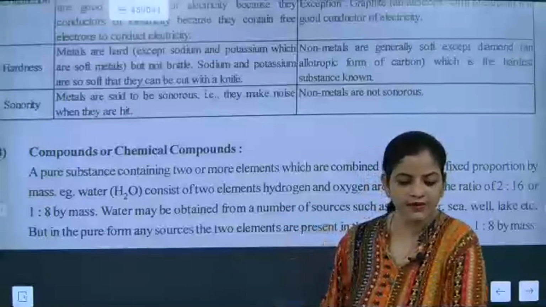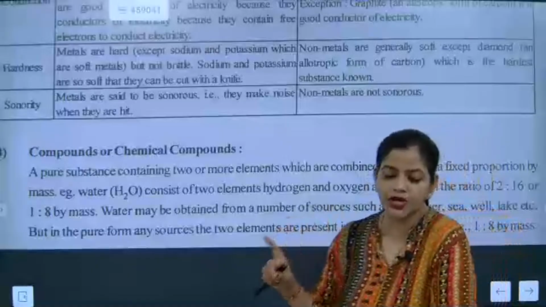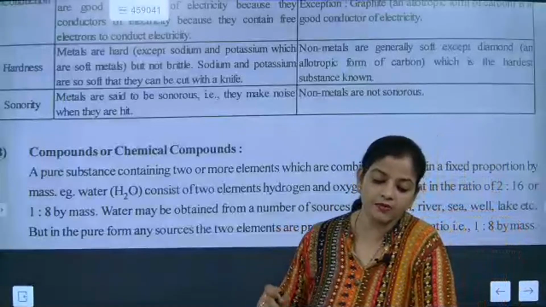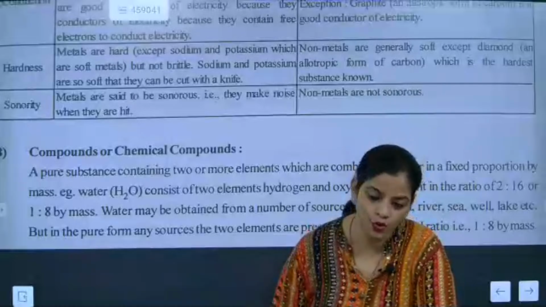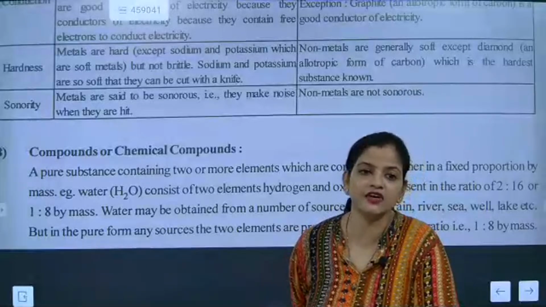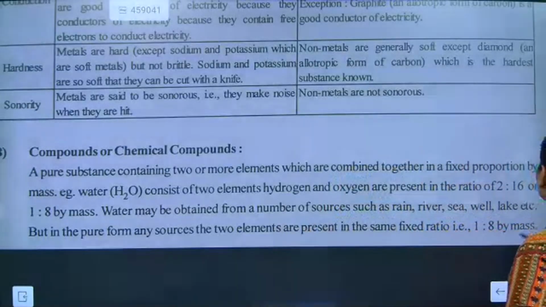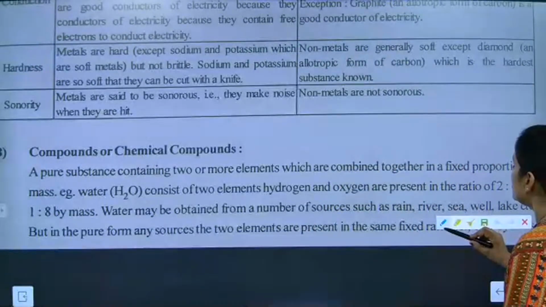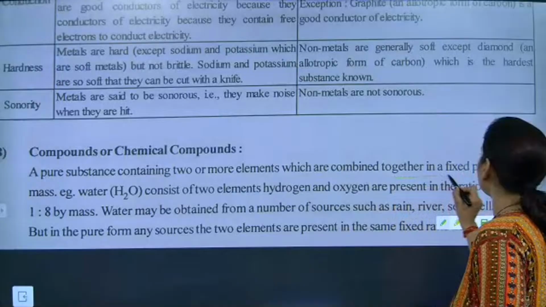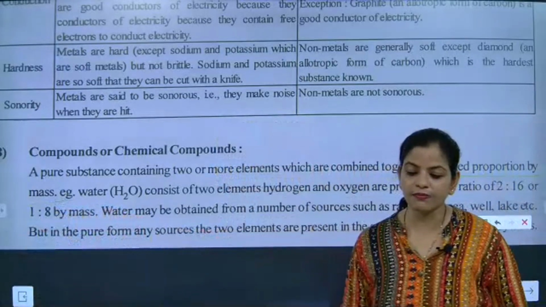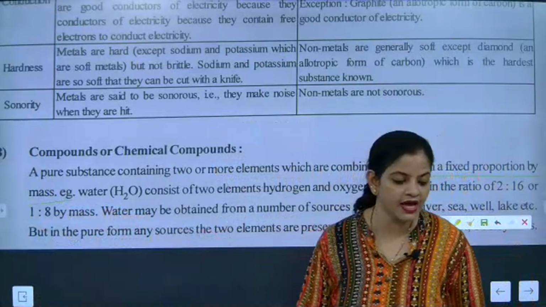They will be combined together in a fixed proportion. This is the most important point. They are combined together in a fixed proportion by mass.